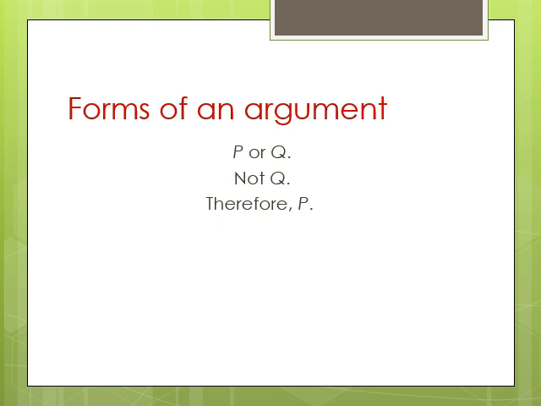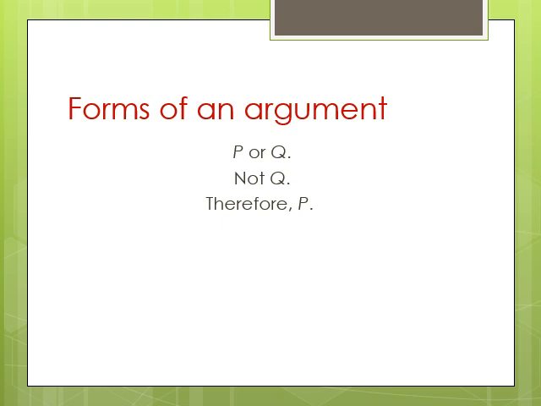You can see that argument 1 has this form by thinking of the letter P as standing for the statement, it will rain tomorrow, and Q as standing for it will snow tomorrow. For argument 3, P will be I will go to work tomorrow, and Q will be I will go to work today. Replacing certain statements in each argument with letters has two advantages.